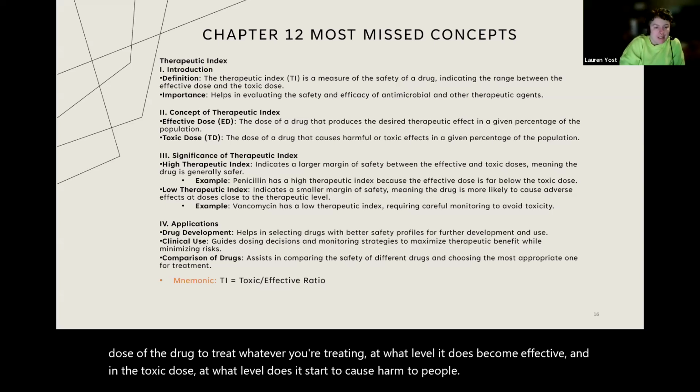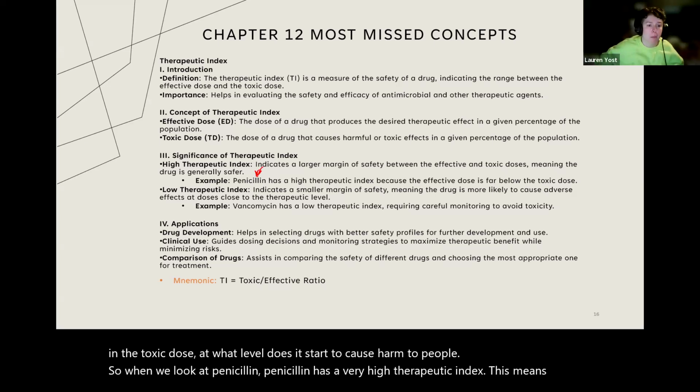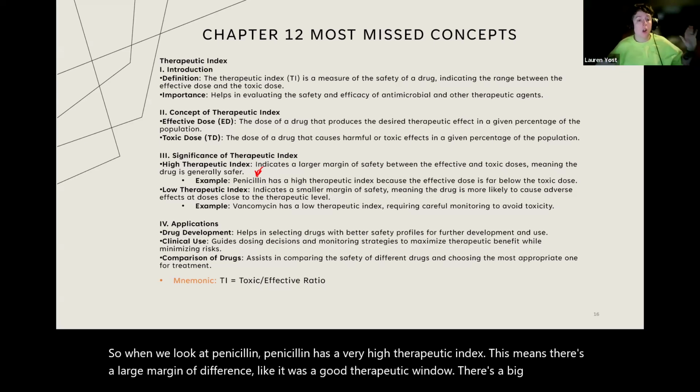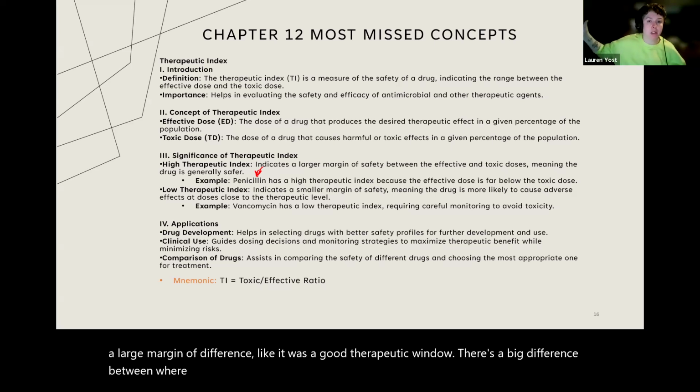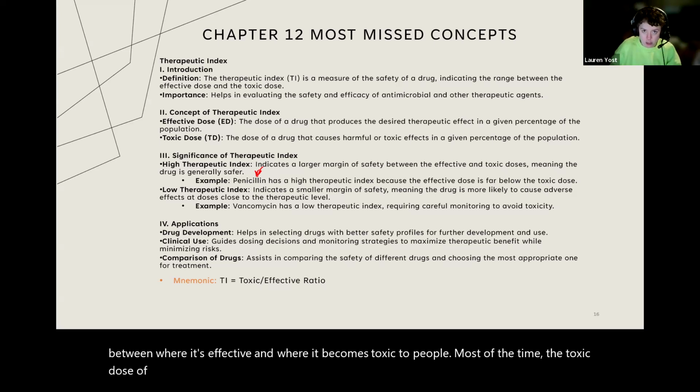So when we look at penicillin, it has a very high therapeutic index. This means there's a large margin of difference. Like there's a good therapeutic window. There's a big difference between where it's effective and where it becomes toxic to people. Most of the time, the toxic dose of penicillin, we're not talking about allergies, we're just talking about the drug becoming toxic.